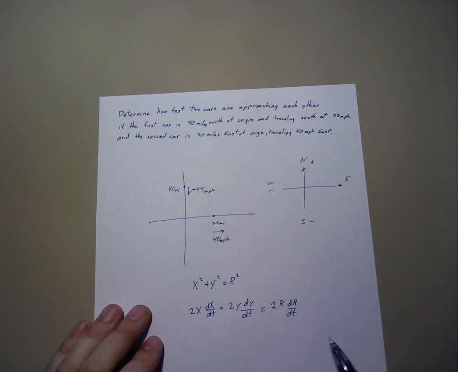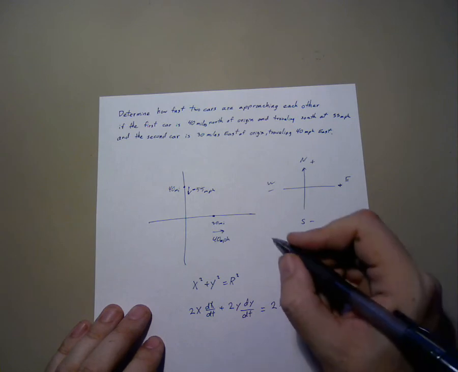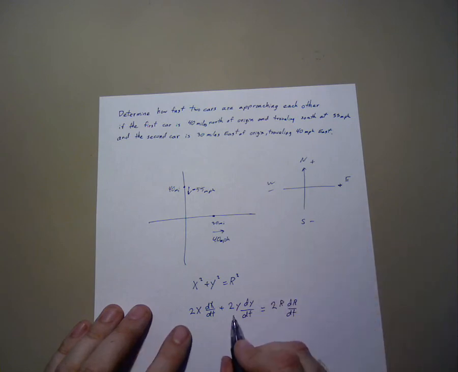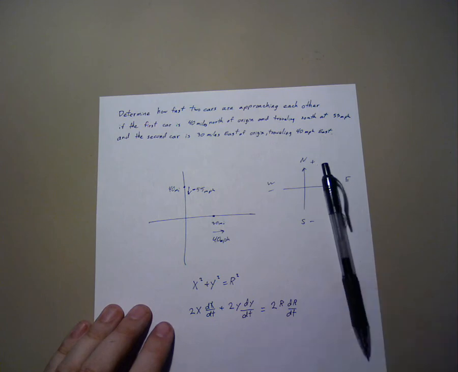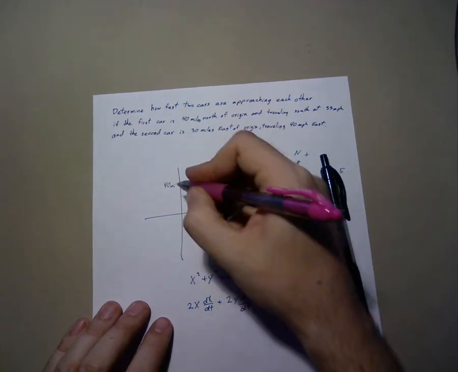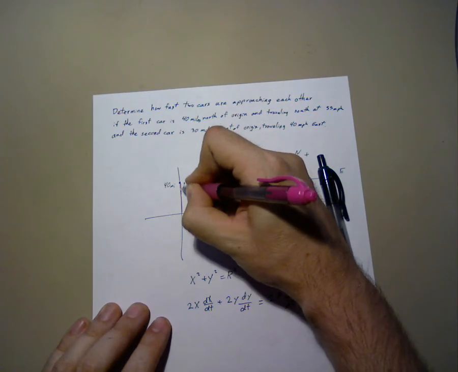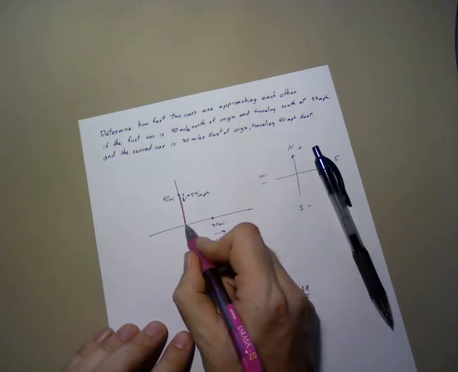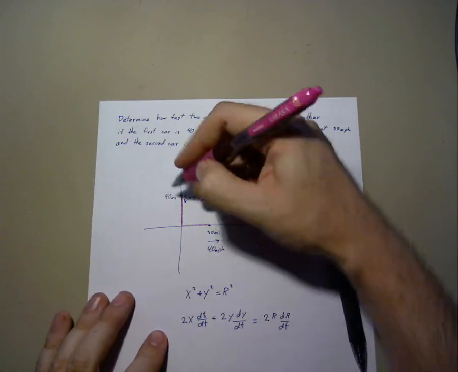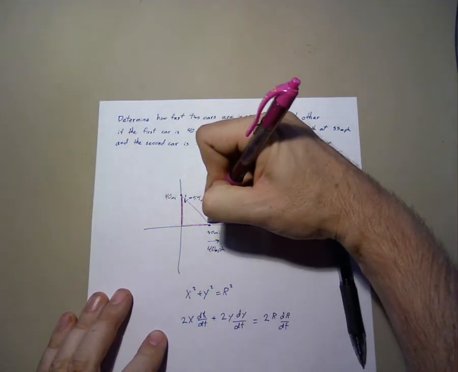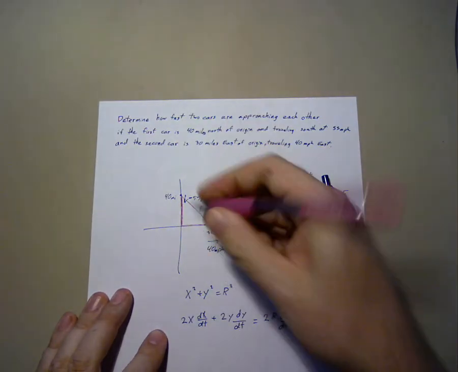Of course, we can simplify this by getting rid of the 2's. We can also insert the values that we have. Let me clarify this triangle. Our triangle involves this y section, this x section, and this will be our r.